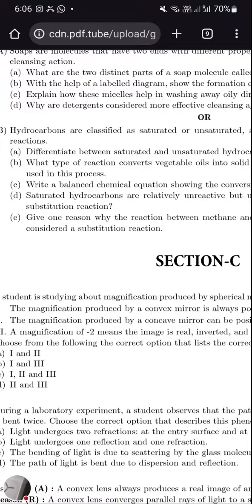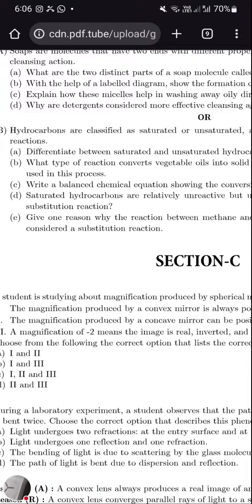An example of a saturated hydrocarbon is methane. It is balanced with 4 hydrogen. It is satisfied with its bonds on carbon. So the only reaction it can go through is substitution reaction. When a saturated hydrocarbon reacts with chlorine, like CH4 plus Cl2, one of the hydrogens gets replaced by chlorine, not by HCl.